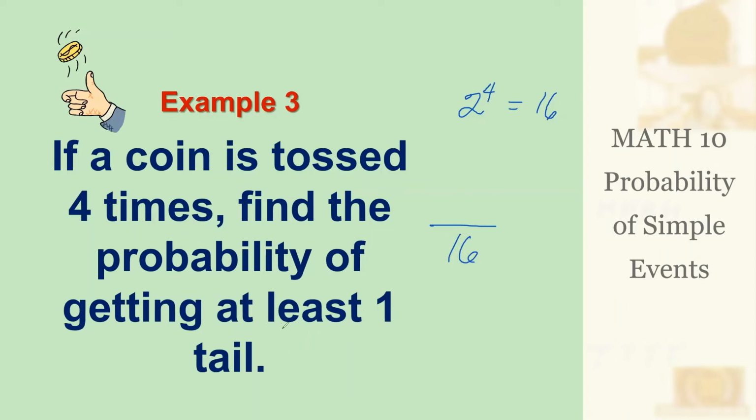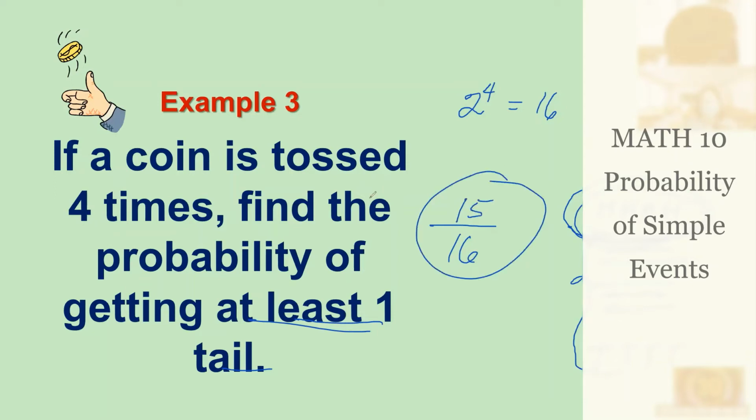Meaning, the only one you don't consider is the all heads. Because at least 1, all the rest here are possible to have a tail. You can have 1 tail, there are 4 tails in all, you can have 1, 2, 3, 4. So all the rest will be considered. If there are 16, excluding this one, 15 remain. So that's the answer.